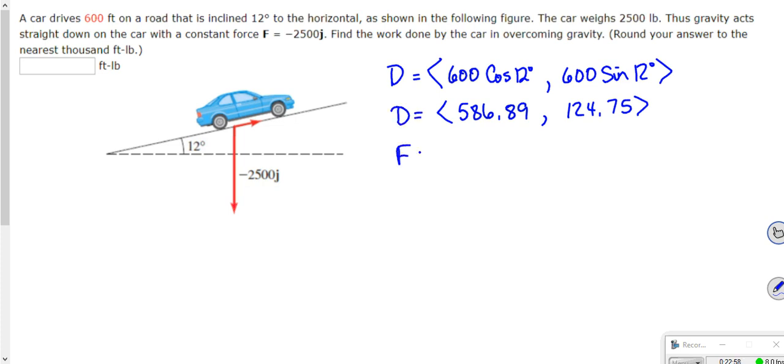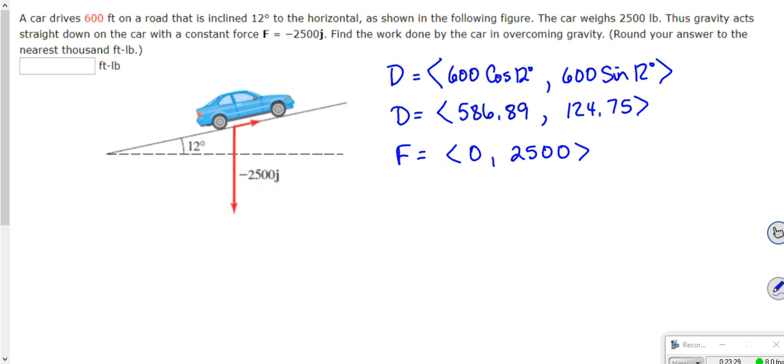Your force vector is like 0, negative 2500. It doesn't really matter that the 2500 is negative because we're talking about forces. So really doesn't matter in this problem that it's a negative 2500.